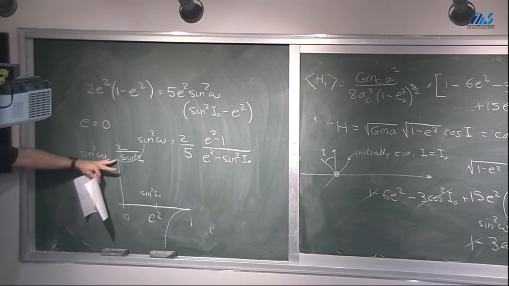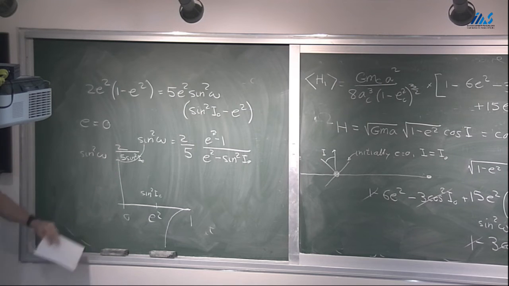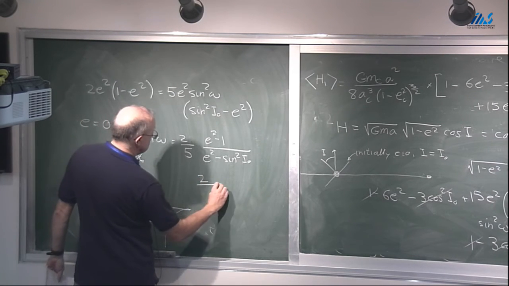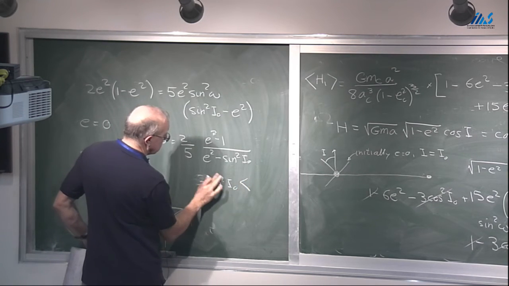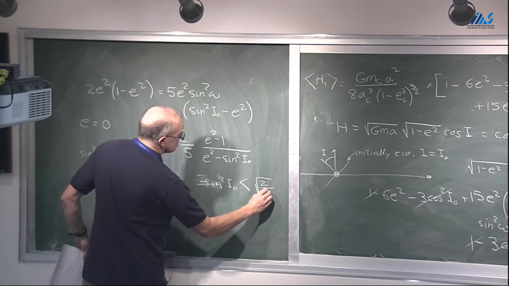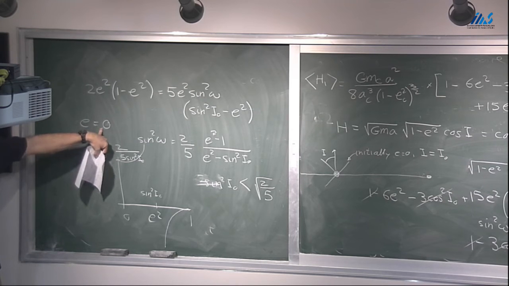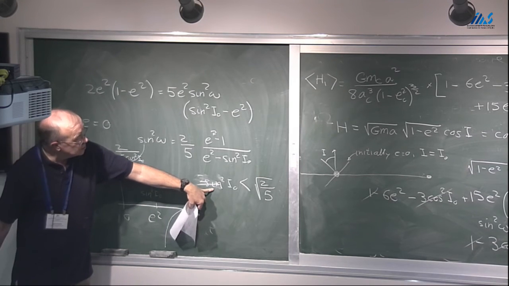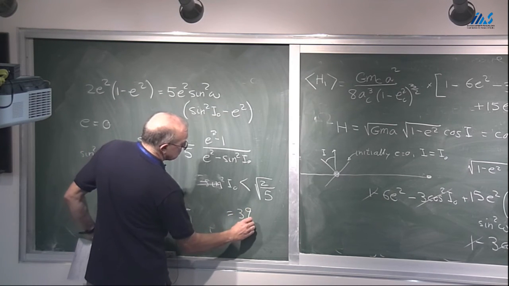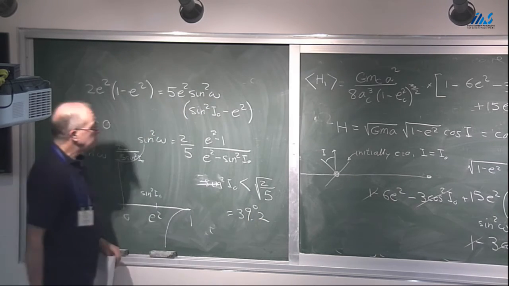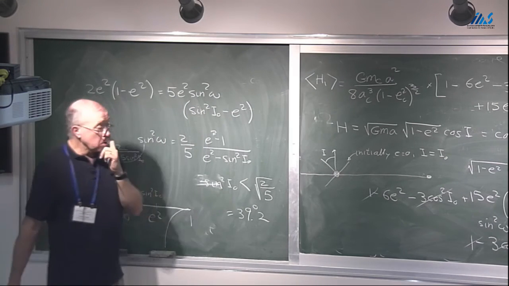So since sine squared omega has to be between 0 and 1, if sine I0 is less than the square root of 2/5, there's no solution. So the only solution is e equals 0. What that tells you is that when the initial inclination is less than this, which is 39 degrees, the planet stays in a circular orbit.